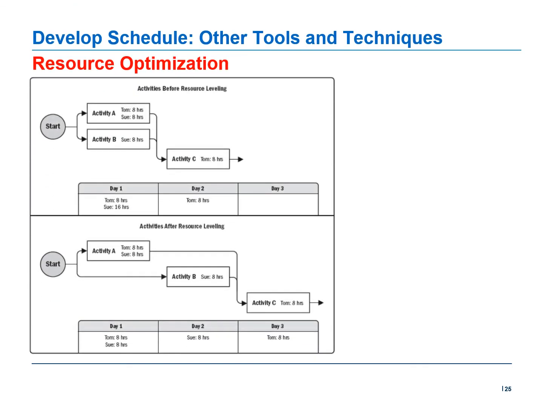Now let's have a look at some other tools and techniques used for developing the schedule. Resource optimization. Resource optimization is used to adjust the start and finish dates of activities to adjust planned resources used to be equal to or less than resource availability.